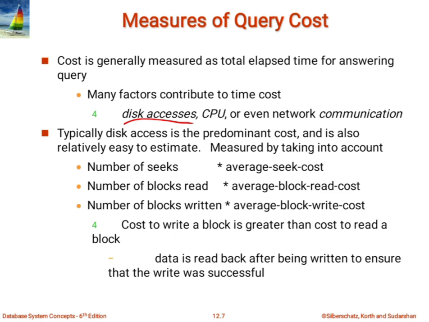The second is CPU time: how busy your CPU is. And then network communication: if I am talking about a distributed database, there will be network communication also, because if the network is slow, it will take much time. Depending on these factors, the cost of the query depends.